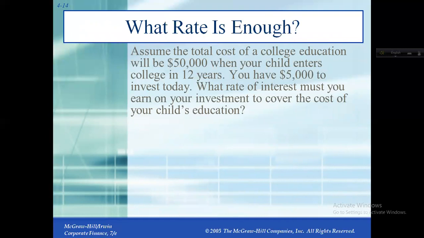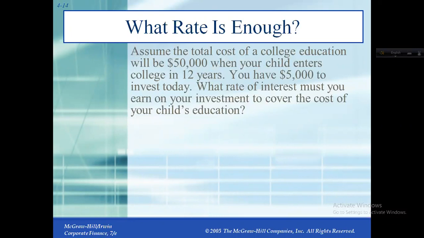And how can we find the interest rate, or R? Here is an example. Assuming the total cost of college education will be $50,000 when your child enters college in 12 years, and you have $5,000 to invest today, what interest rate must you earn on your investment to cover the cost of your child's education?